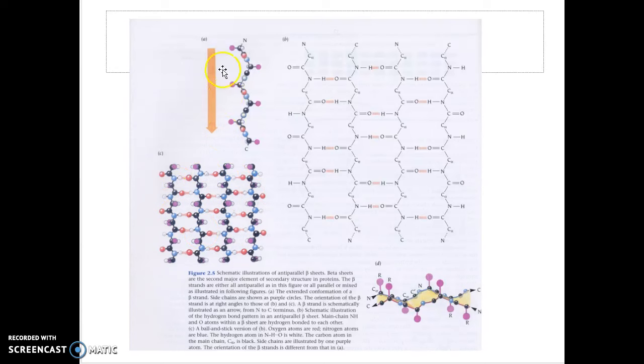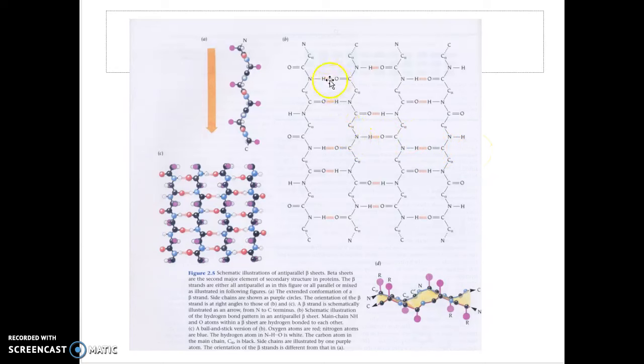This is the top view of this stacked beta pleated sheet. This is the ball and stick model, using the atom formula.